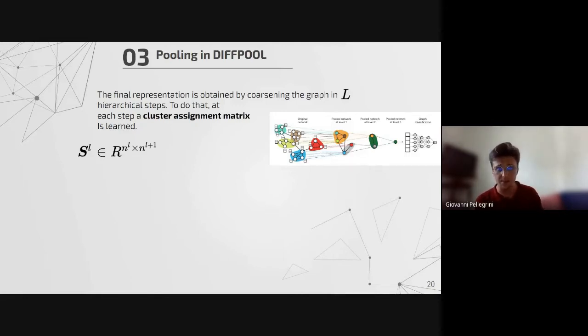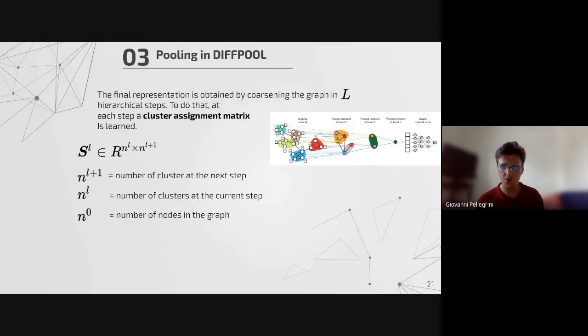And it's a matrix in which the number of rows is equal to the number of nodes at a certain step of the hierarchical coarsening, times the number of clusters that we're going to have at the next iteration. Okay, so if you look at the image here, we can see that from the initial graph, the first time we coarsen it, we are going to obtain 5 clusters.